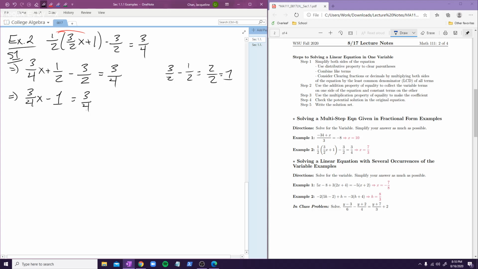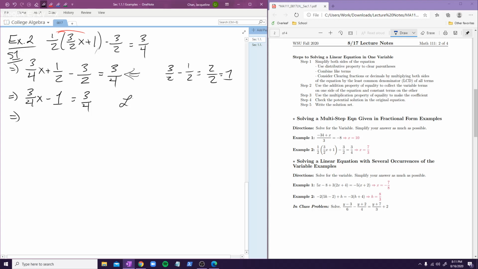Right? So now what I'm going to do, I don't like fractions, right? And actually what we could have done is we could have gotten rid of the fractions on this step, right? But it's fine. Okay, we can still do it here. So what we're going to do is, so the LCD, I have 4, 1, and 4.